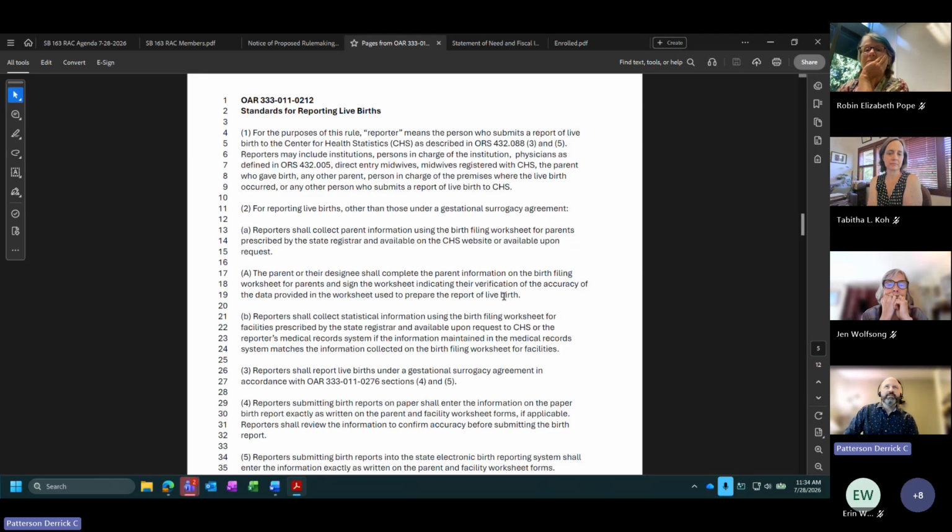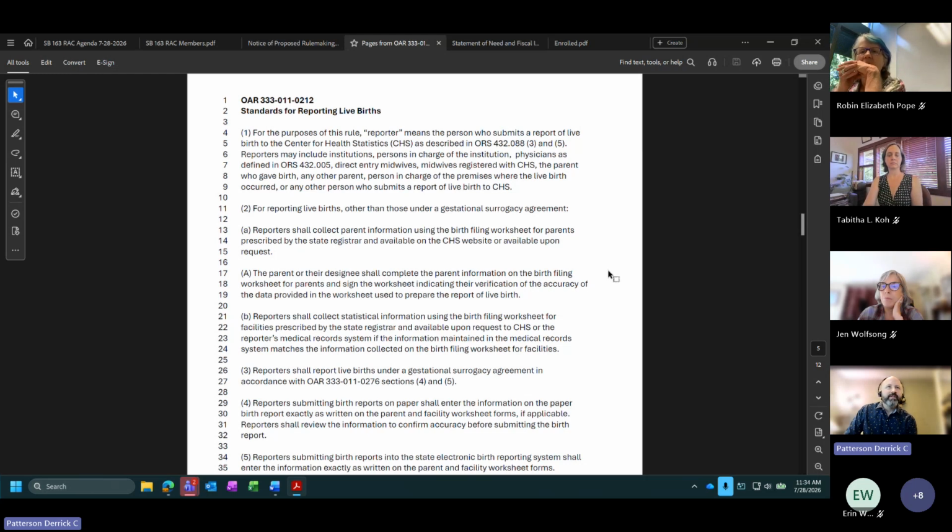Reporters may include institutions, persons in charge of the institution, physicians as defined in ORS 432.005, direct entry midwives, midwives registered with CHS, the parent who gave birth, any other parent, person in charge of the premises where the live birth occurred, or any other person who submits a report of live birth to CHS. Any feedback on that section? Okay.